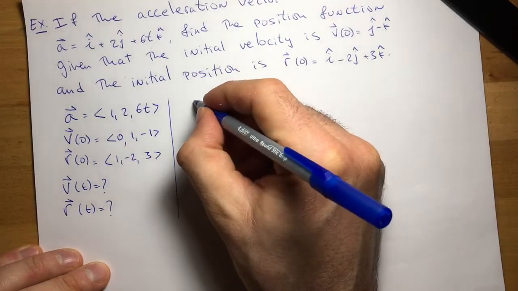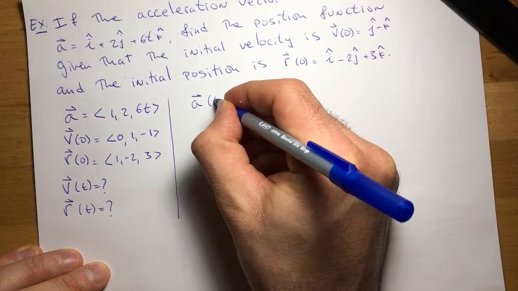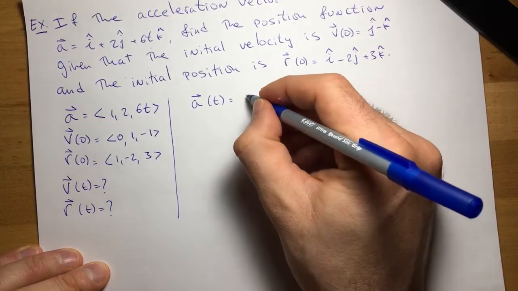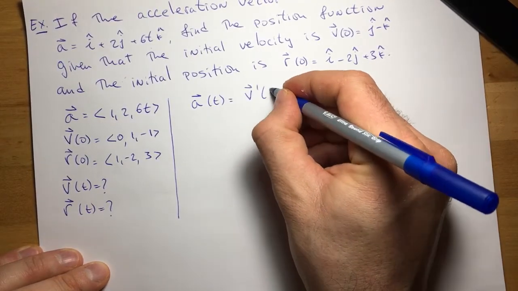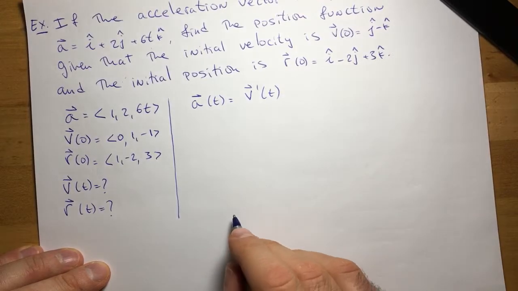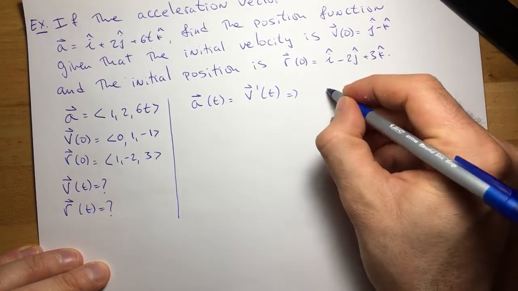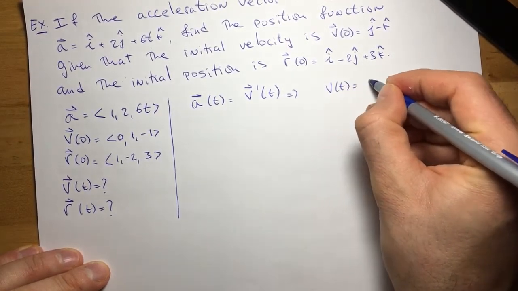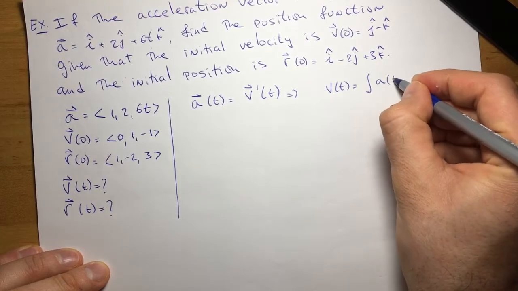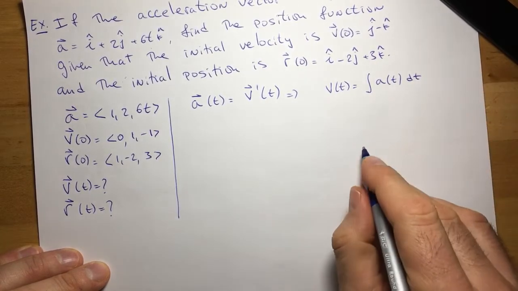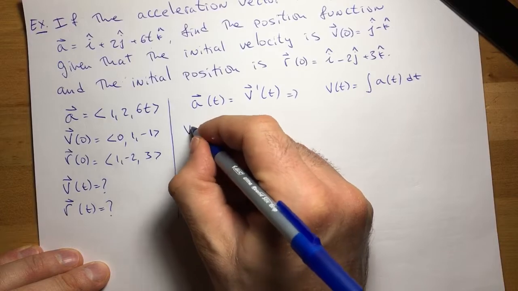So knowing that the acceleration is equal to the derivative of the velocity, that implies that the velocity is equal to the integral of the acceleration. So that's what we do.